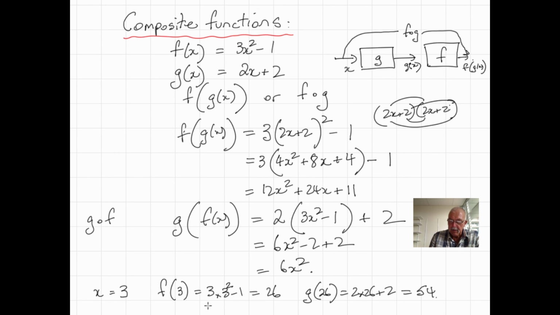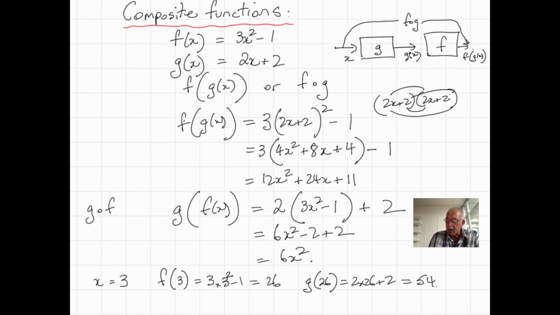Okay, so what we've done is got a value of x, just pulled some value out. We've put it into the f function first, and then the answer that comes out of that goes into the g function, and we get 54. Now what we're saying is that by doing composite functions, if we put an original value in here, we should get the final one.